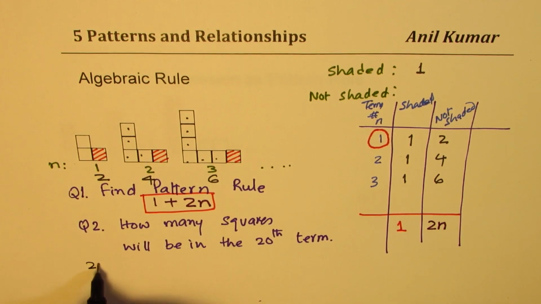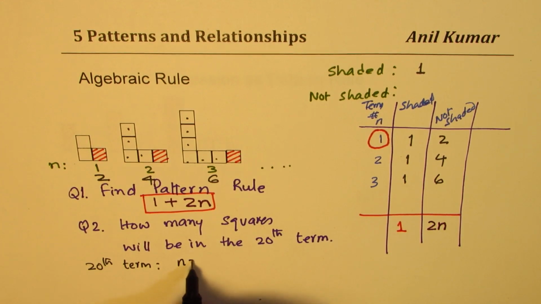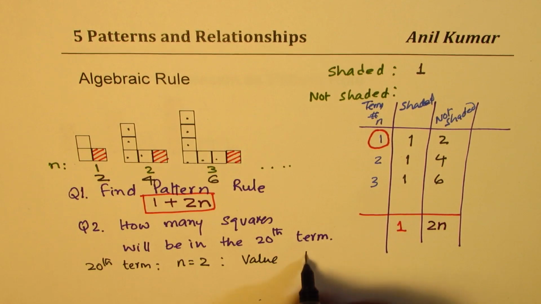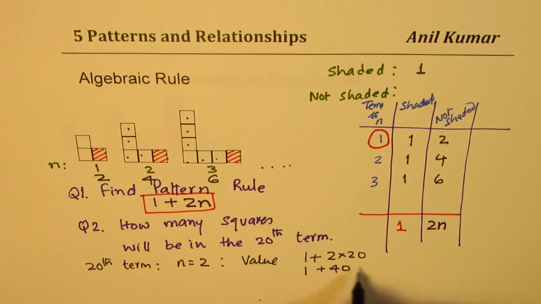In the 20th term, n equals 20, and therefore the value will be 1 plus 2 times 20. Twice 20 is 40, correct? So we get 41. Do you see? Using the pattern rule, it is simpler to find the answer. I hope now you appreciate how algebra helps to solve such questions.